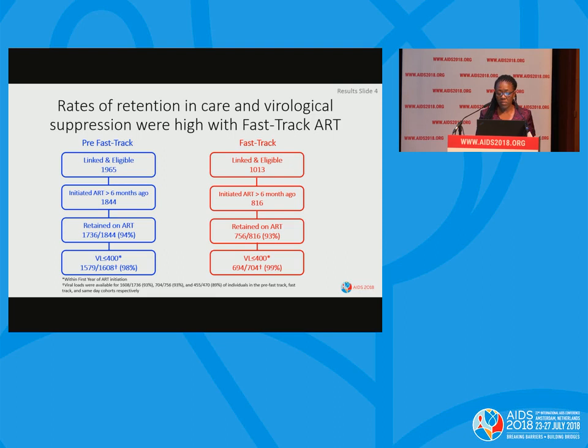And we found similar results in the fast track group, with 816 being initiated for 6 months or more, 93% were retained on treatment, and 99% were virologically suppressed.